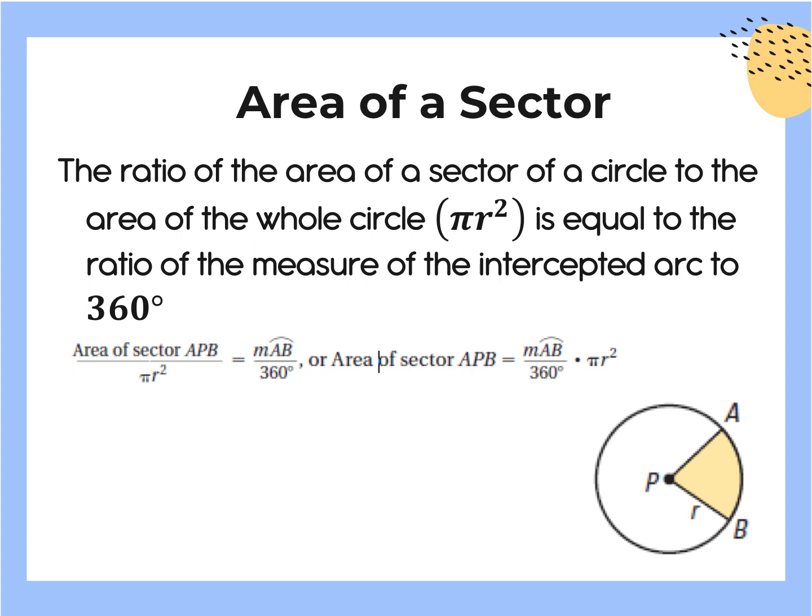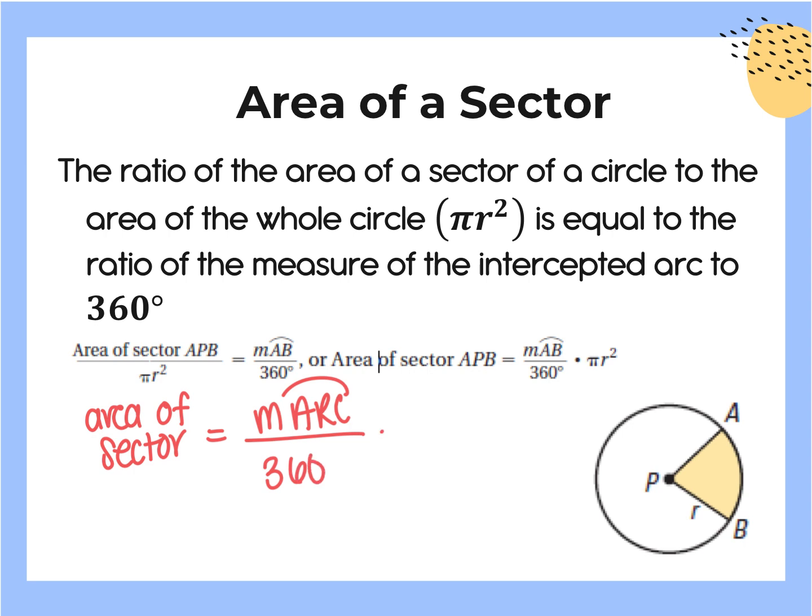All right, area of a sector. There is a formula that you have to know when you're finding the area of the sector. Please write it down. The formula for the area of a sector is the measure of the arc, whatever arc they're giving you, over 360 times pi r squared, which is just the area of the circle.